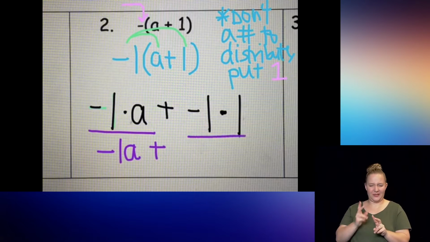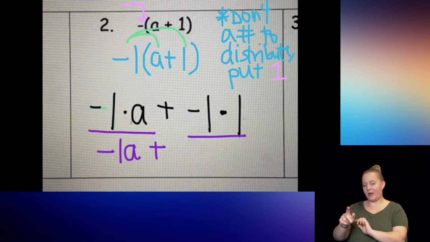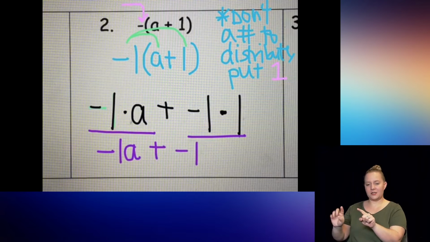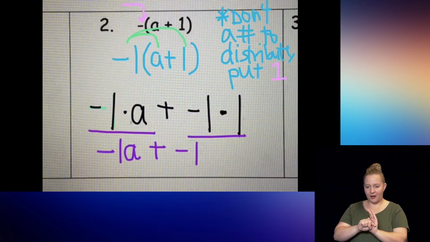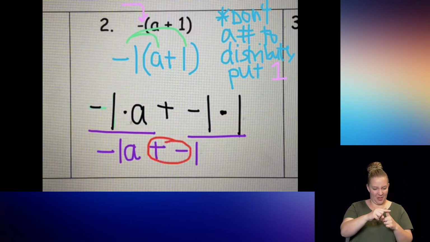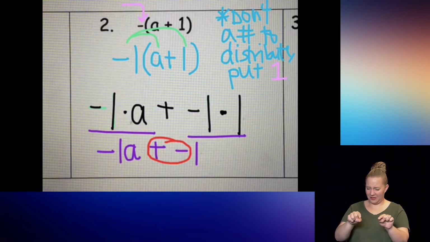So here I have negative 1 times 1. They're opposite signs or different signs, so we're going to have the different sign. So negative, and then 1 times 1 is 1. Okay, but then here, whenever we have plus and minus right next to each other, we know that minus sign kind of trumps that plus sign.